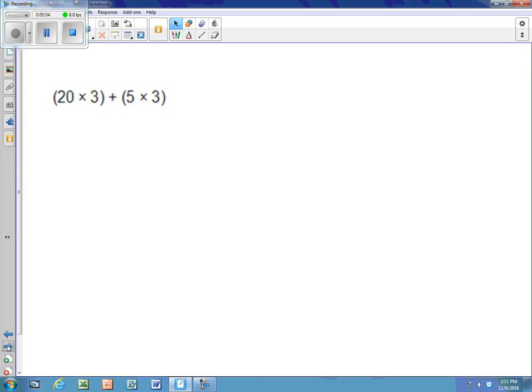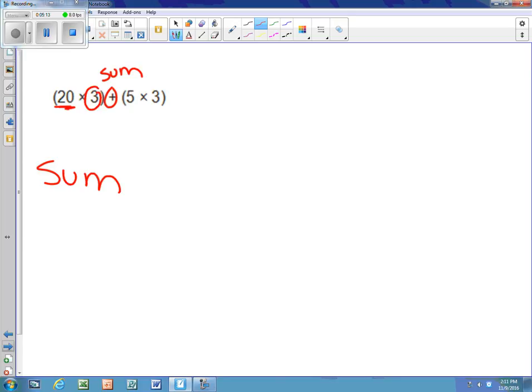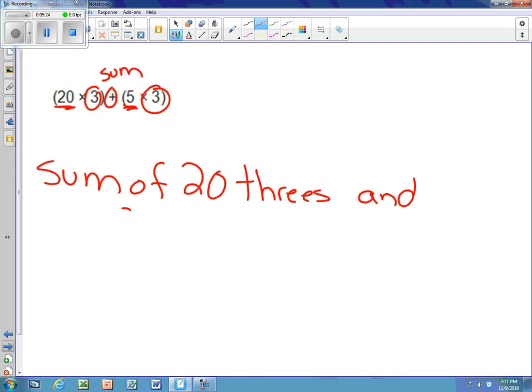Here's one of those other crazy examples. We have the sum. So what are we finding the sum of? We want to find the sum of 23s. So we write sum of 23s, and this time we have 5 threes and 5 threes.